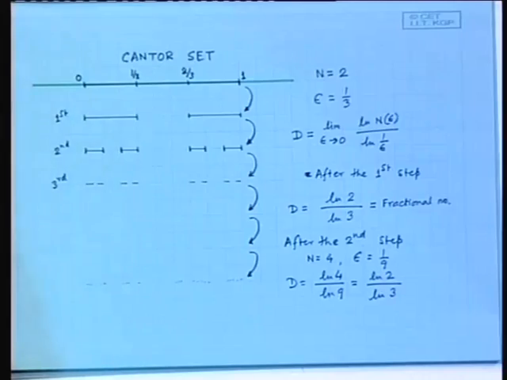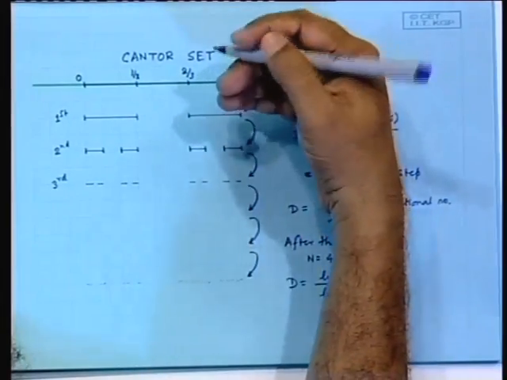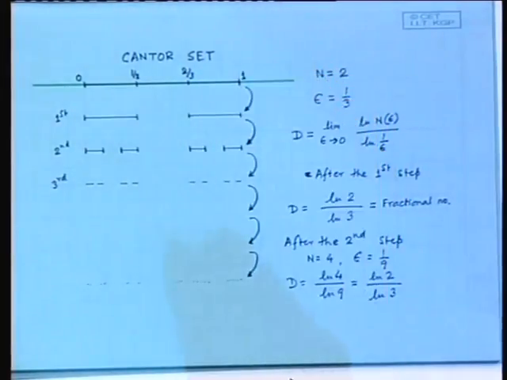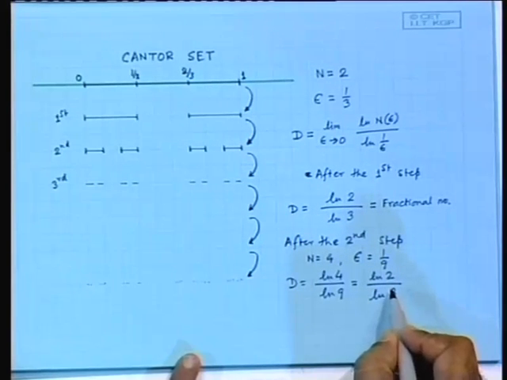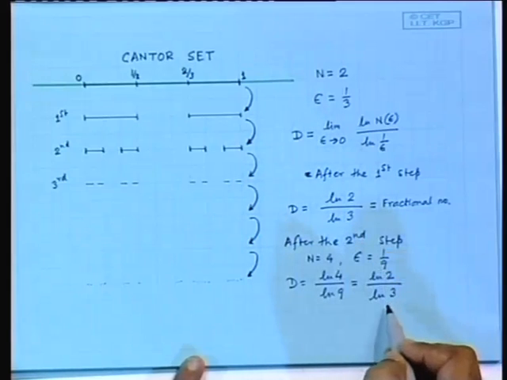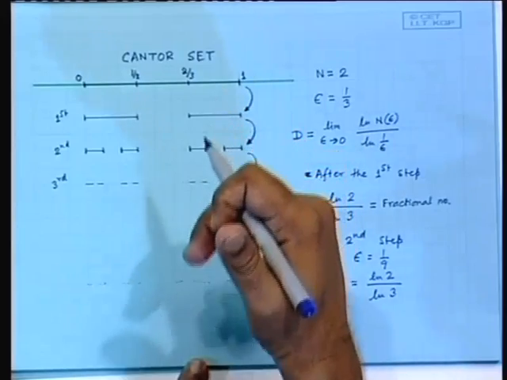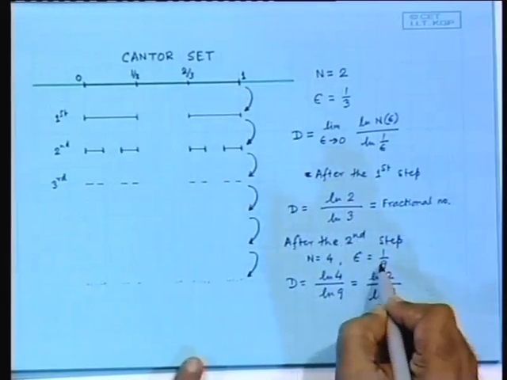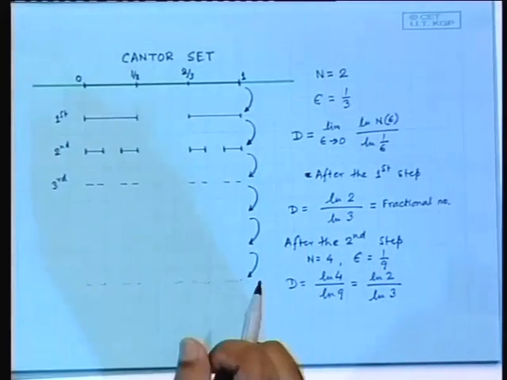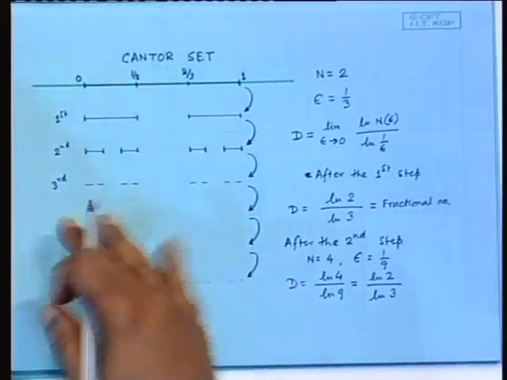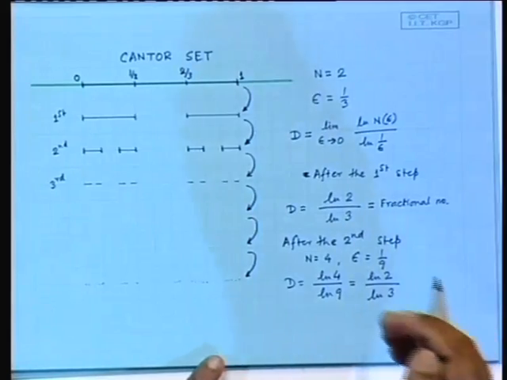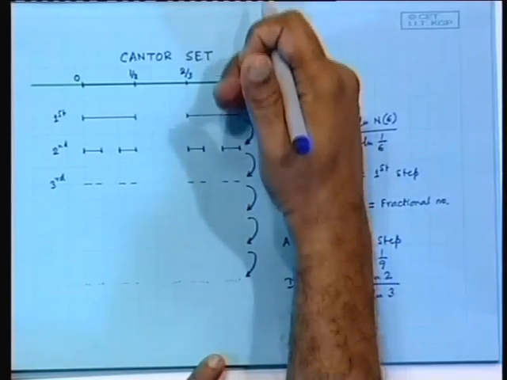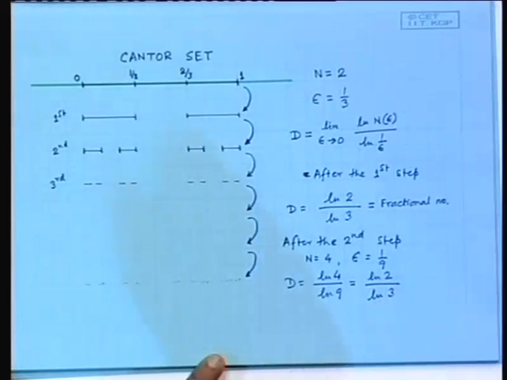Wait. So, what have we achieved? See, by going from step 1 to step 2, we find that the dimension as measured remains the same. As a result, it is not difficult to conclude that if you go on doing this procedure ad infinitum, and in each step you also make the epsilon, the box length, further smaller by the same degree, that means each one is 1/3 of the previous one, then we end up after the infinite number of iterations with the same dimension.